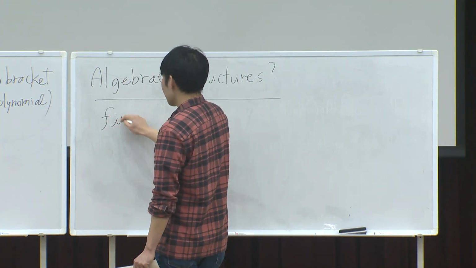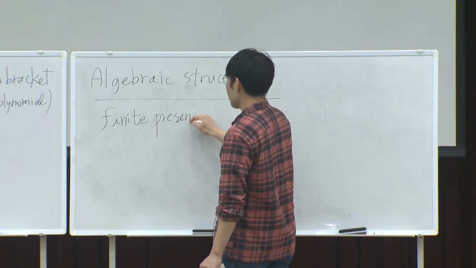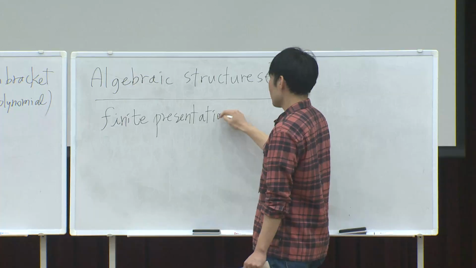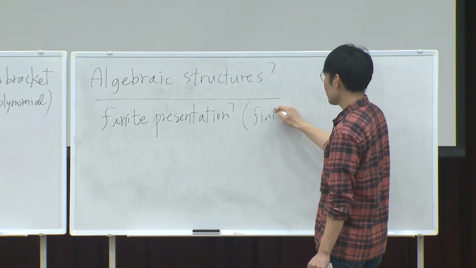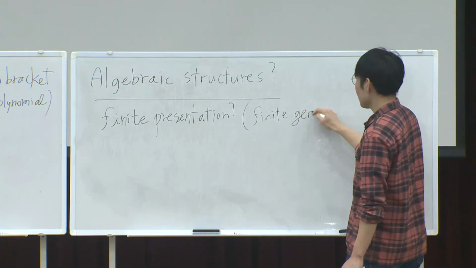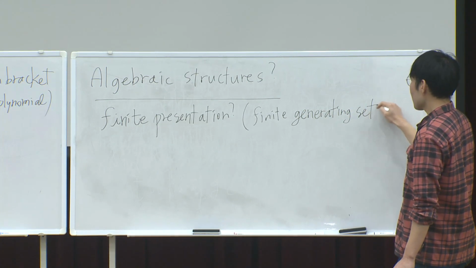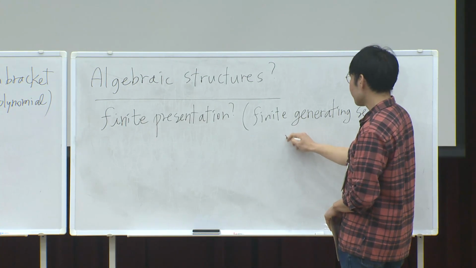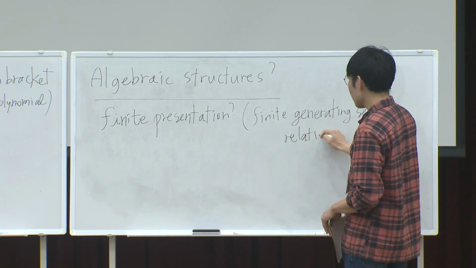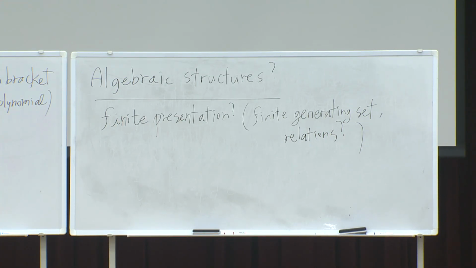People like to have a finite presentation in general, meaning, can you find a finite generating set of this algebra, and a finite complete set of relations? So people usually want to do this for an algebra.